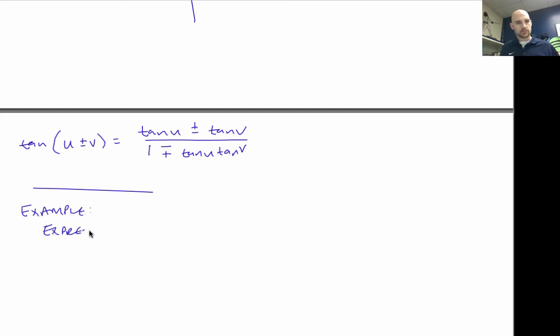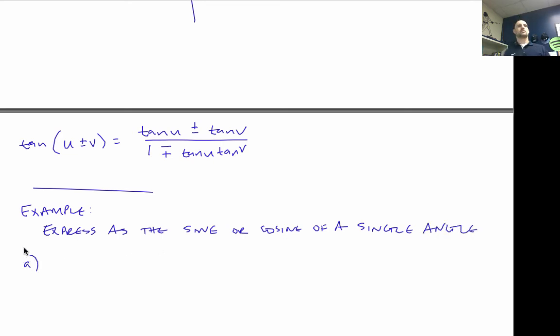Express as the sine or cosine of a single function. Angle, sorry, of a single angle. Okay, so here's example A. So the directions are, take this long thing, express it as a single angle.